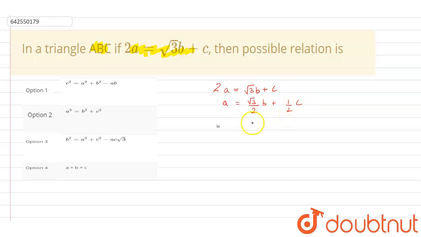Now, as we know, we have a rule called the sine rule. It says that the ratio of the angle subtended at the vertex and the side opposite to that angle, these ratios are equal. Sin A upon a is equal to sin B upon b is equal to sin C upon c, and these are equal to, let's say, a constant k, right?